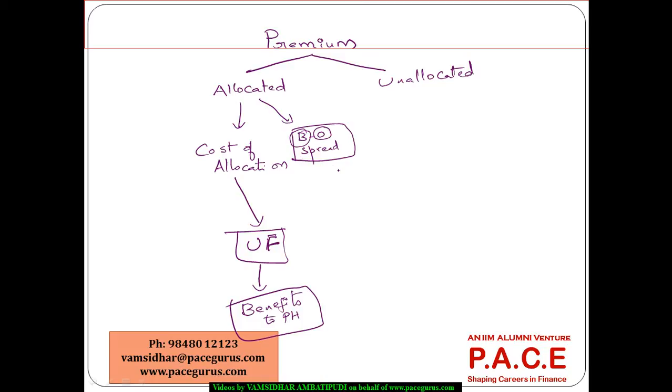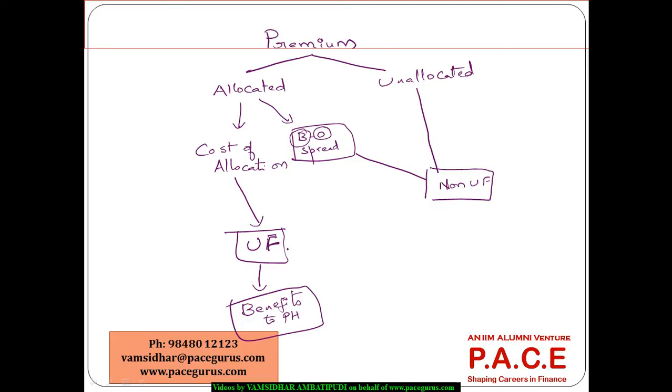So that spread belongs to the insurance company. The bid-offer spread, along with the various unallocated premiums, goes into the non-unit fund, which is purely controlled by the insurance company, and the policyholder will not have access to this.